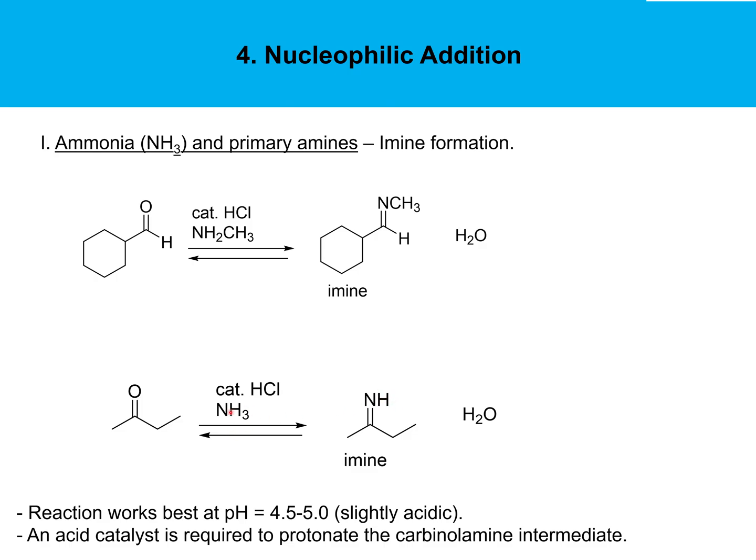We could also use a primary amine here. The result of that would be a similar functional group, except there will be an R group where the hydrogen is. This reaction will also produce water, and it is reversible. The reaction works best around a pH of roughly 5, so slightly acidic conditions.